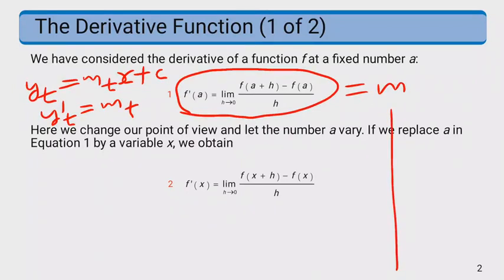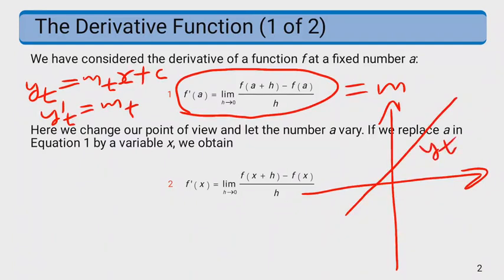It says something which we are going to look at here. If you look at your straight line here, which is nothing but, we call it y_t, then we know that the slope of this line, which is y prime of t, or the derivative of our function, which you can call f of x, which is just a straight line in this case, will be just nothing but m.